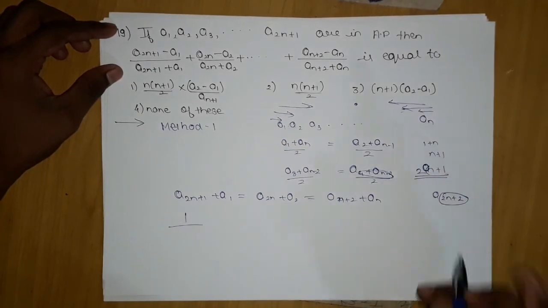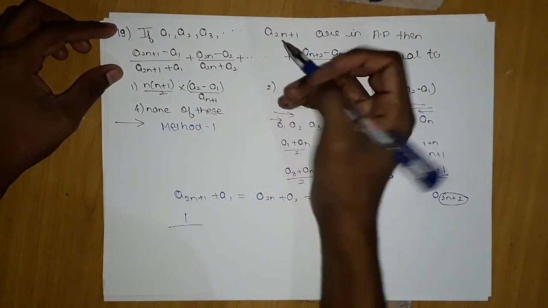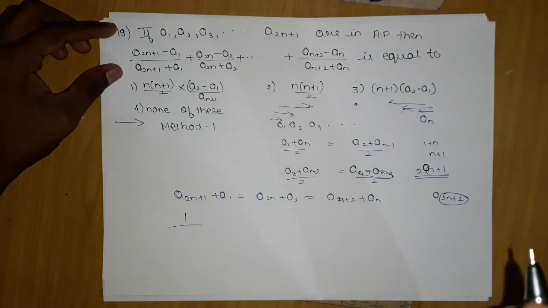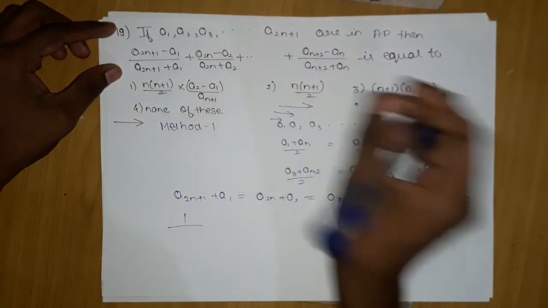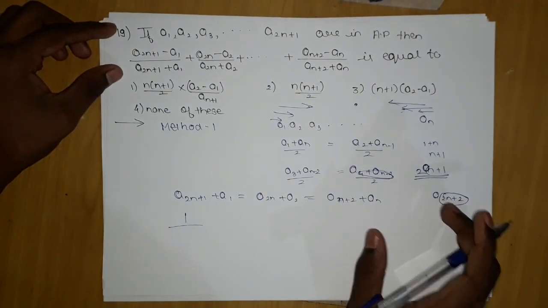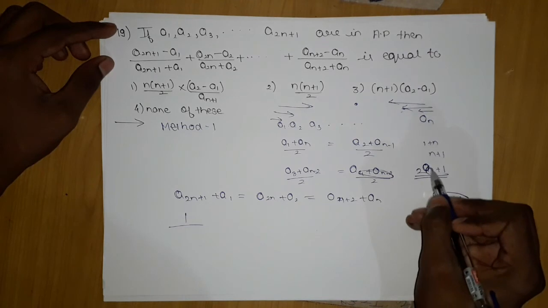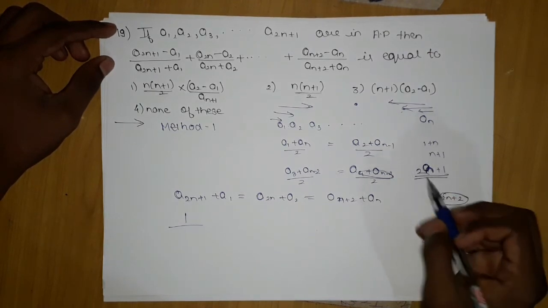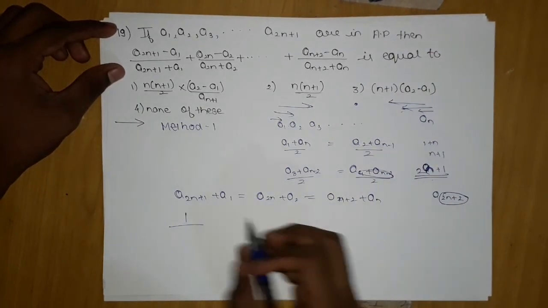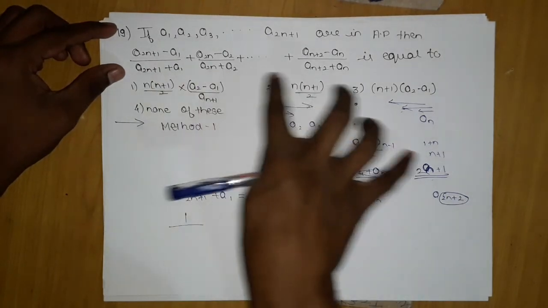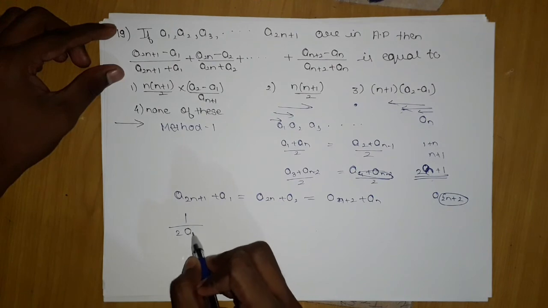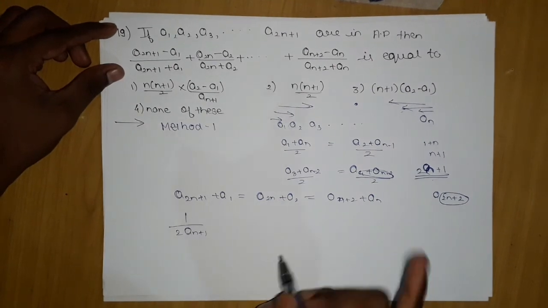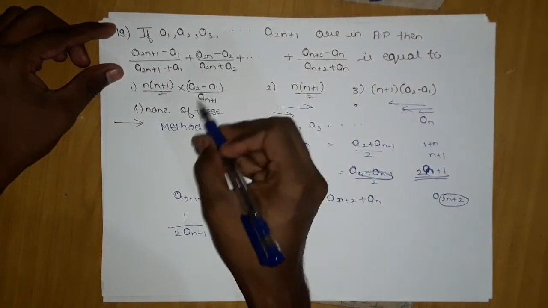When there are an odd number of terms, like 2n+1 here, there is only one middle term, at position (total+1)/2, so just add 1 to the total number of terms. So we got the middle term, and since all these are equal, I take them common and write 2 into an+1. Why 2 into an+1? Because an+1 is there in my answer.